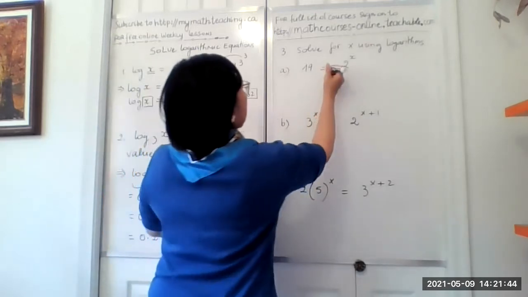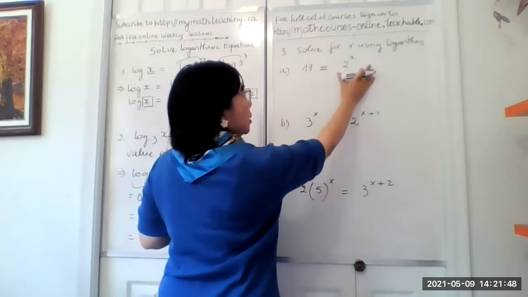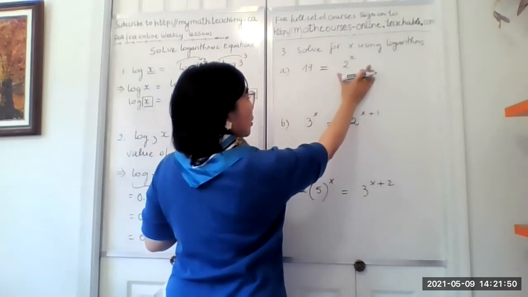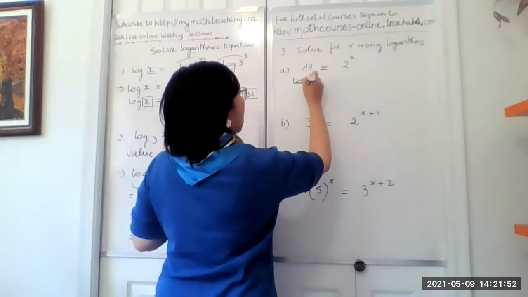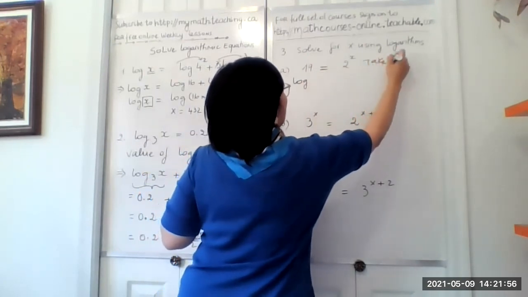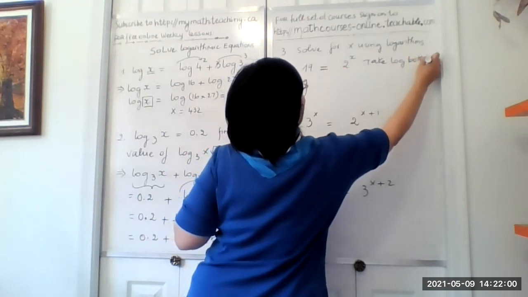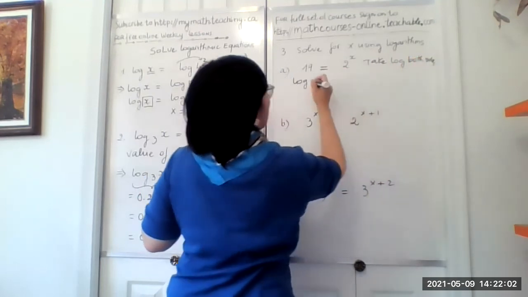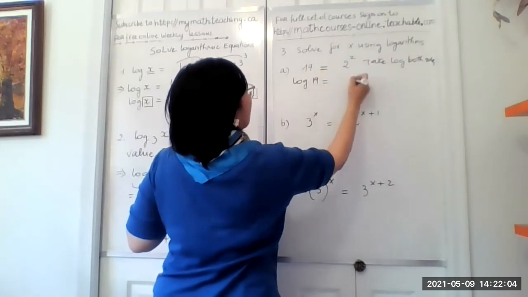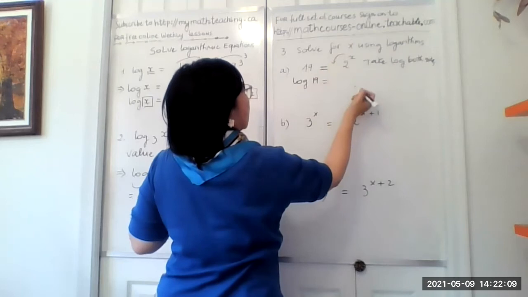Remember, if we have a balanced equation, whatever we do to the left will be equal to whatever we do to the right. So I'm going to take logs both sides. So log of 19. Now, when we take log, we are allowed to bring the exponent in front as well.